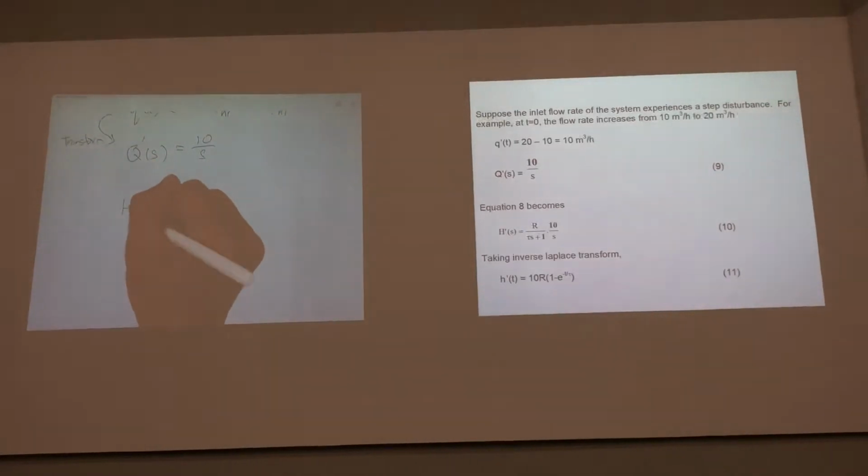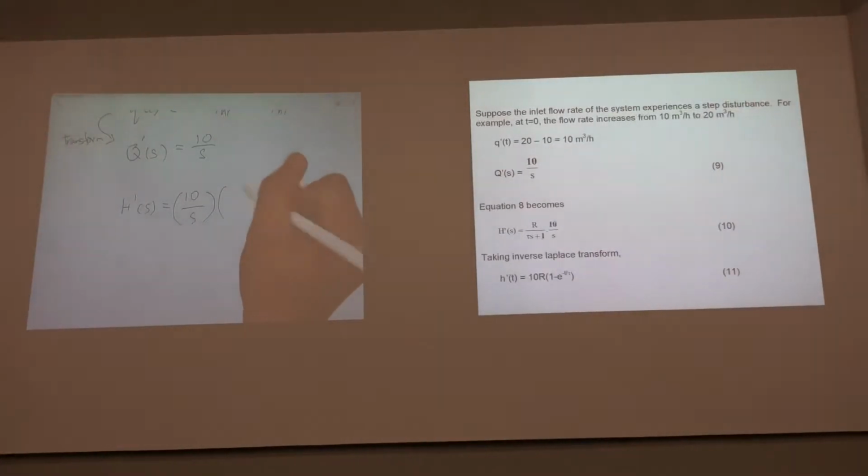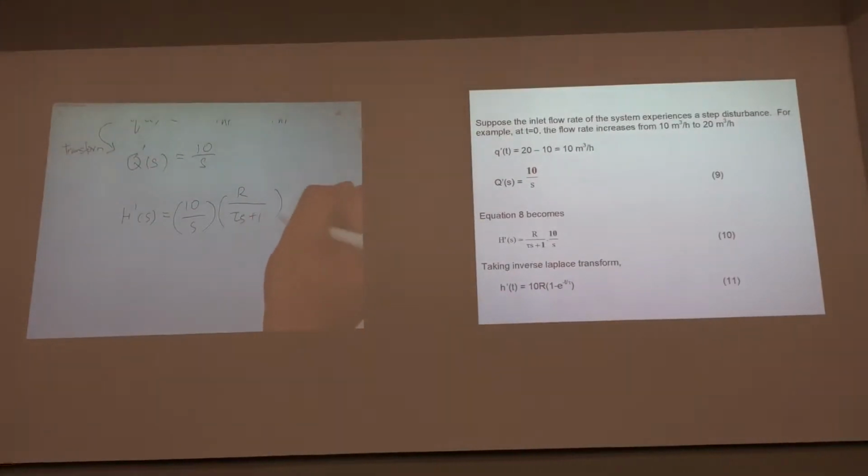I get H prime S equal to 10 divided by S multiplied by R divided by tau S plus 1. Originally I had this divided by QS; I moved it over here, and QS is 10 divided by S. So the output is equal to 10 over S times R divided by tau S plus 1. Any questions so far? No, right?